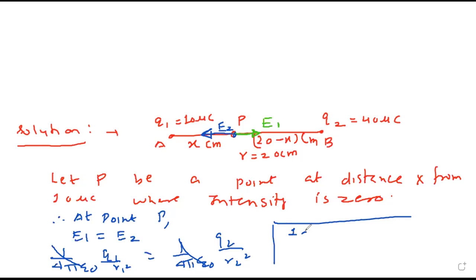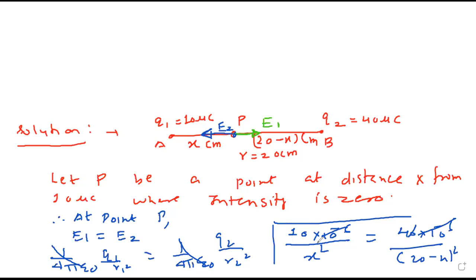Q1 means 10 microcoulomb, that is 10 into 10 raised to minus 6 coulomb, R1 is x, equals 40 microcoulomb upon R2, which is (20 minus x) square. 10 raised to minus 6 cancels, this 0 cancels. Can you take the square root now from both sides? So this will become 1 upon x equals square root of 4 is 2 upon 20 minus x. I have taken the square root on both sides.